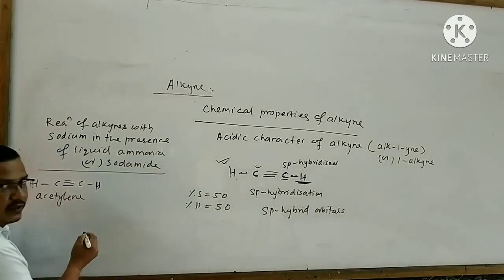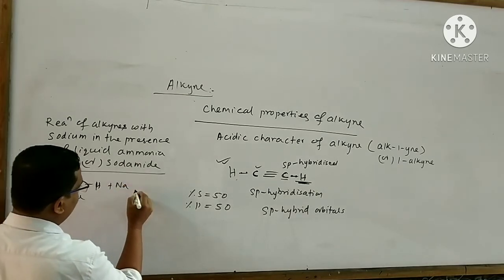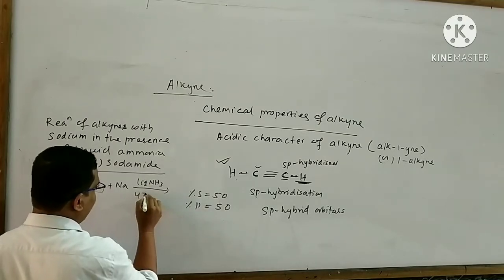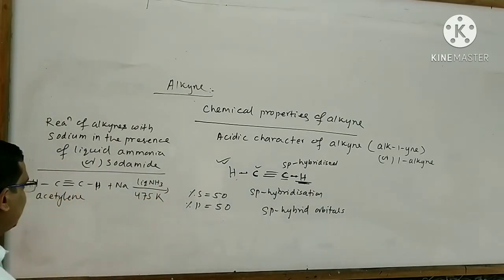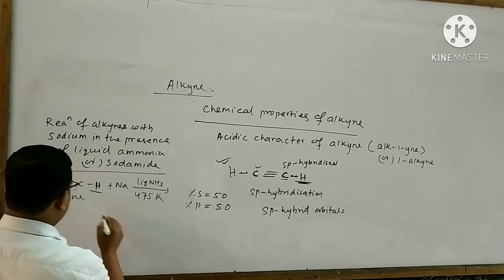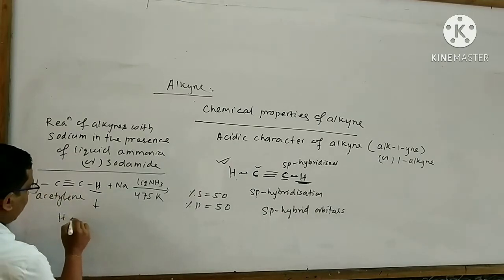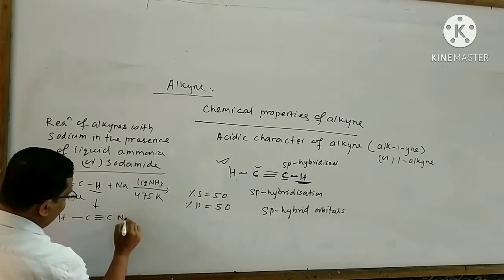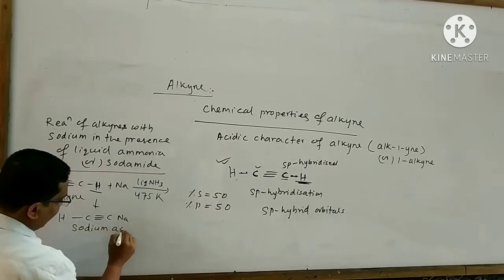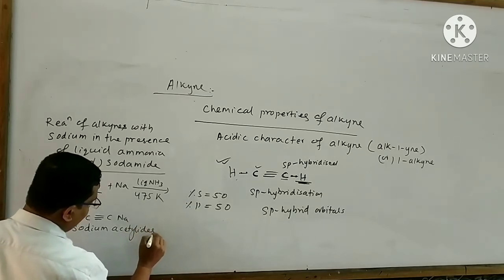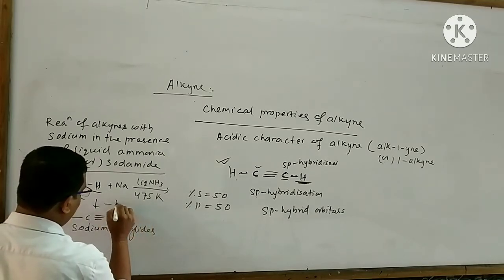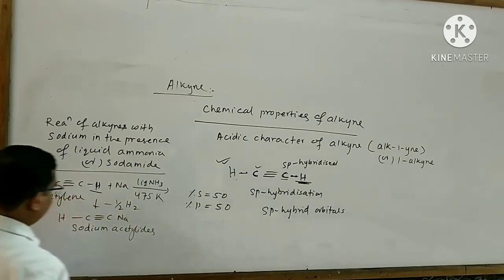When the acetylene molecule is subjected to reaction with sodium in the presence of liquid NH3 at 475 Kelvin, then what will happen? This hydrogen is replaced by a sodium atom and forms sodium acetylide. This is said to be sodium acetylide, and here also a hydrogen molecule is removed.